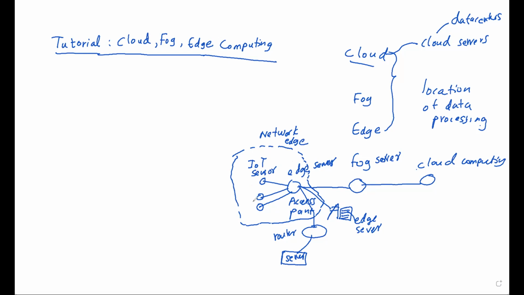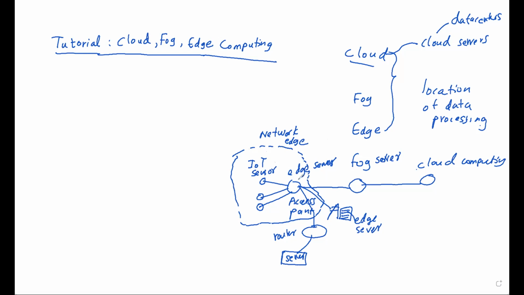So, if it is an IoT application, the sensor nodes connect to the edge server, and that edge is known as the periphery of the access point at the server, and the sensor nodes are known as the network edge.